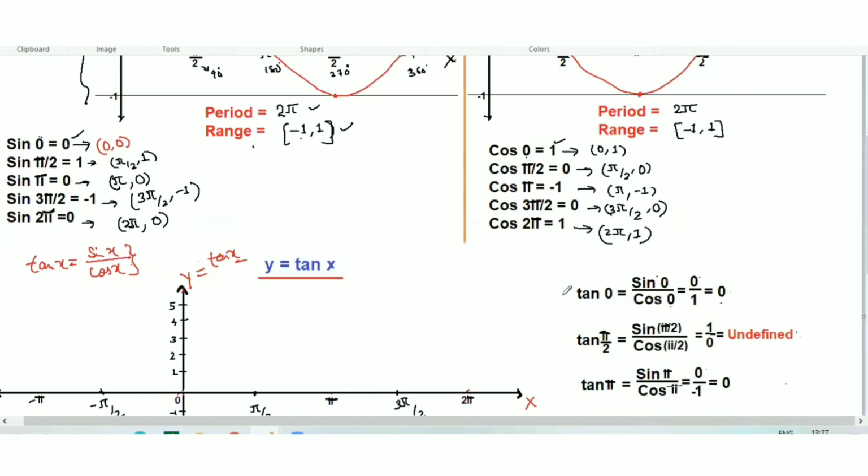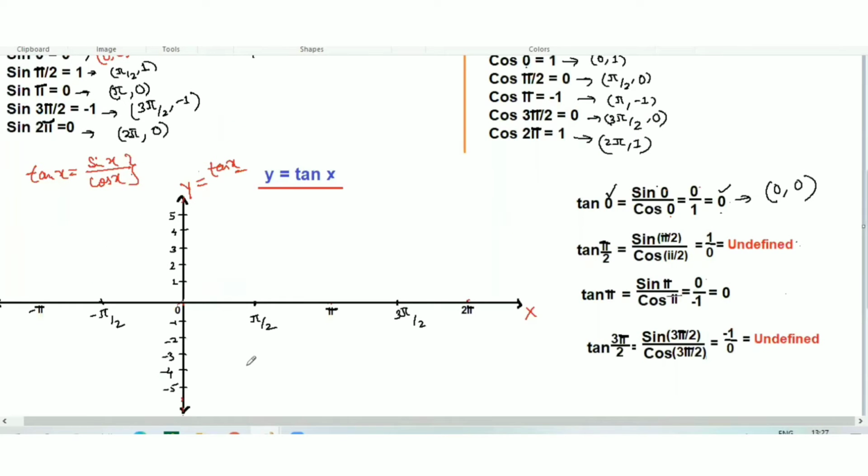So sine 0 is 0, cos 0 is 1, 0 over 1 is 0. So we have taken x as 0 and we got y as 0. So what is the coordinate point which we have to plot? (0, 0).